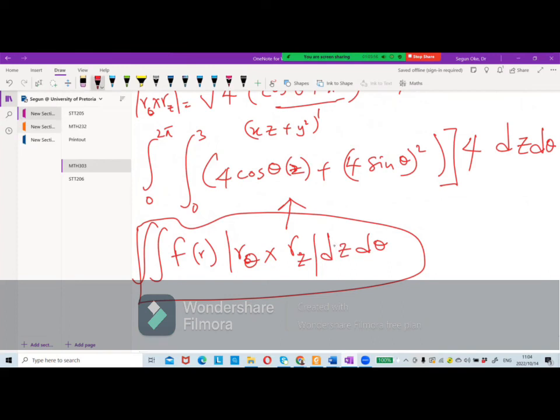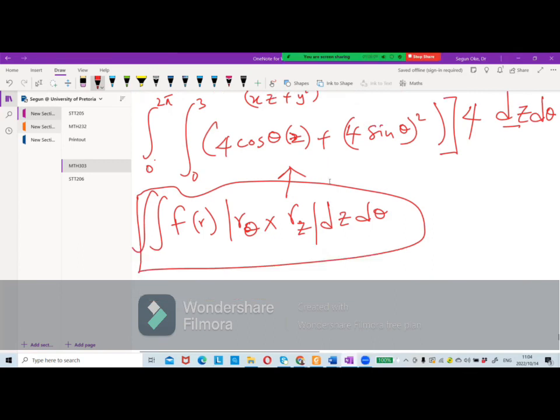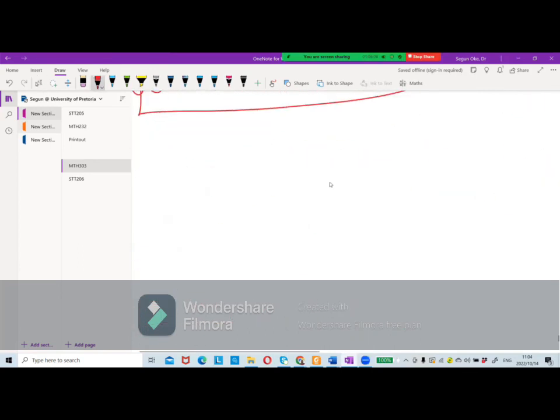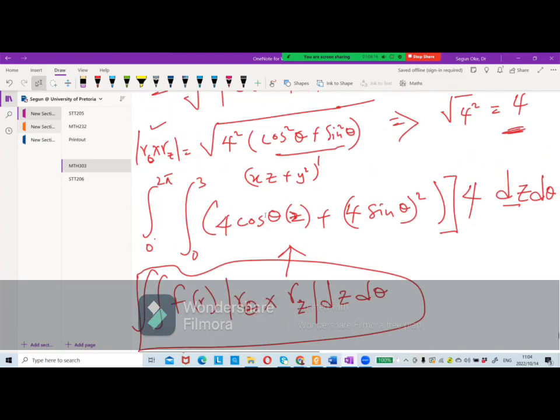Remember, the first integral is for this, the second integral is for this; it depends on the way you arrange it. Keep this one 0 to 2 pi, and integrate the first one with respect to z.